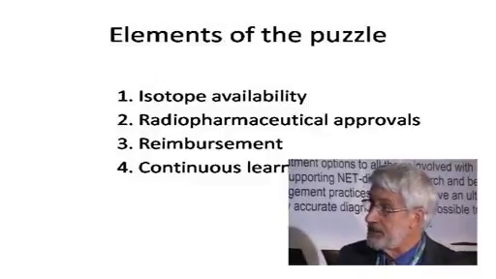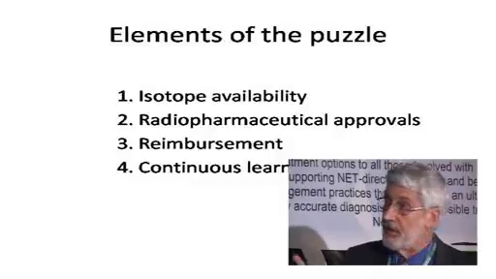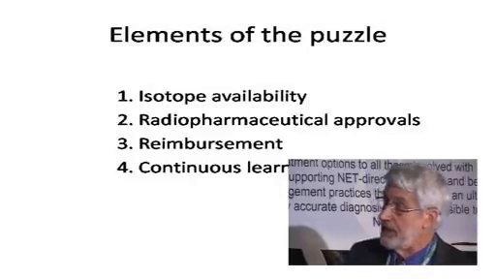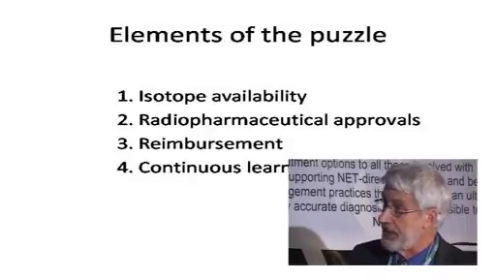I was involved for at least the past 5 years, I've lost track, trying to obtain a formal agreement to reimburse the cost of octreotide scans. And we do them through a bureaucratic wrinkle that I won't discuss, but we don't actually have approval in Ontario to perform and to be reimbursed for octreotide scans, let alone all the other things we would like to do.